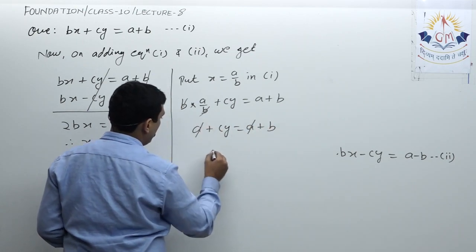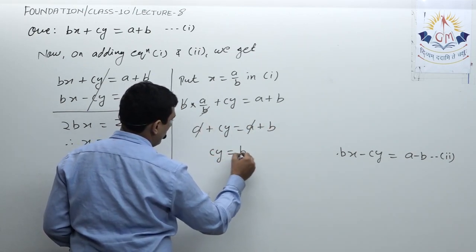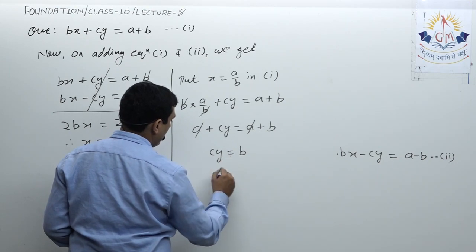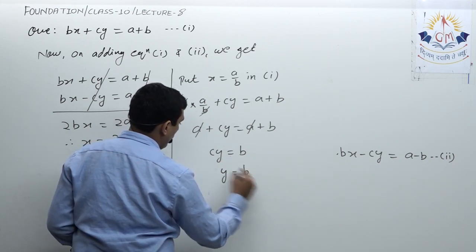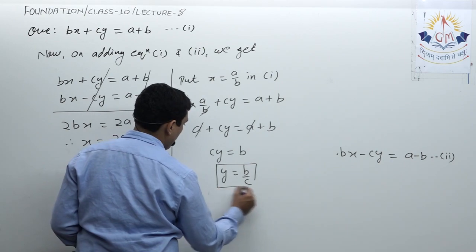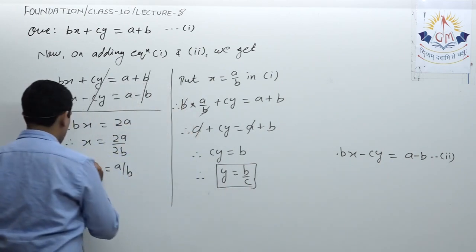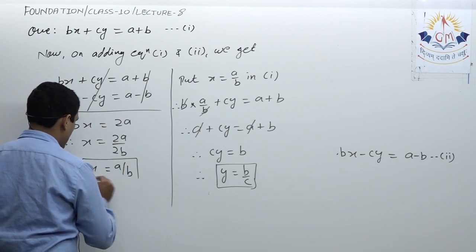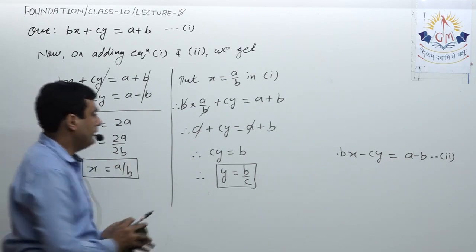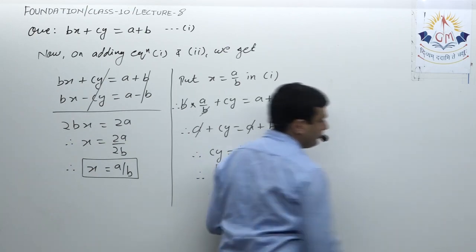This a and a cancel. So cy is equal to b. So finally I can say y is equal to b upon c. So this is the value of y, and that was the value of x. So please note it down, then we'll see the next question.